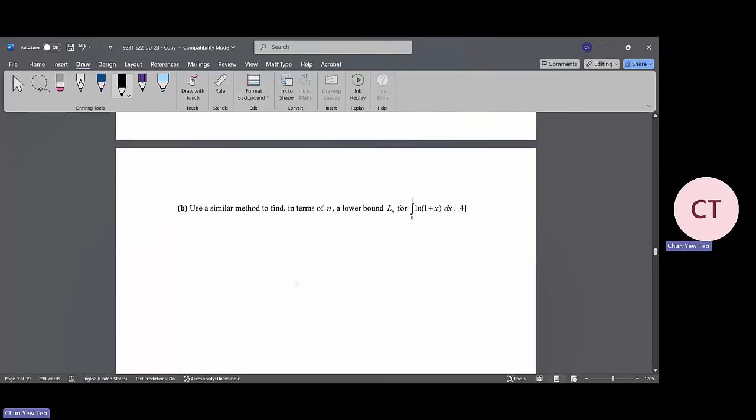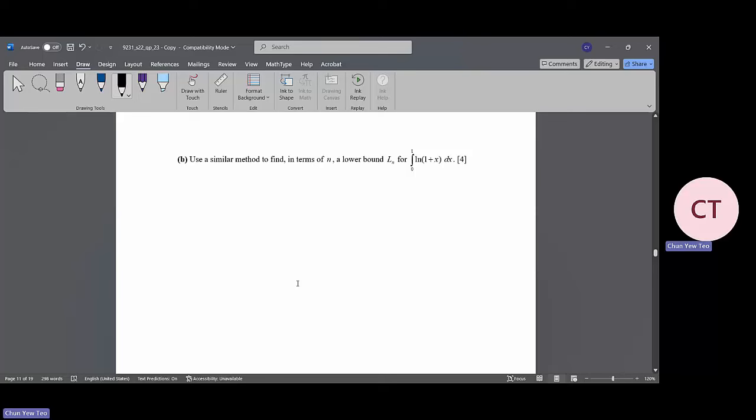Now we move on to part B. Use a similar method. Now I want to find L_n, the lower bound. To find the lower bound, you can refer back to the graph. This time, your area must be greater than the lower height of the rectangles here.